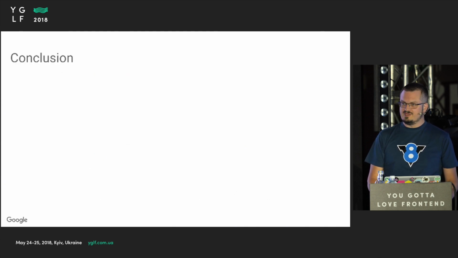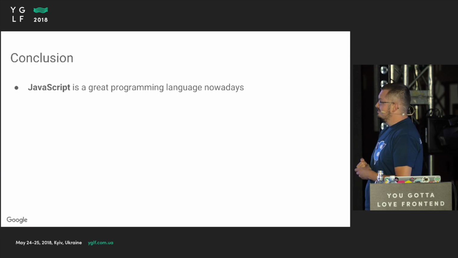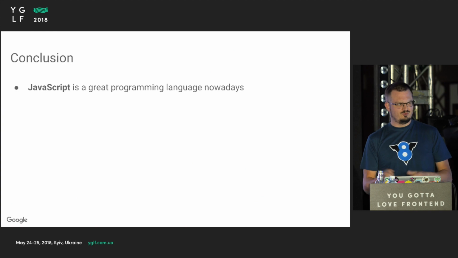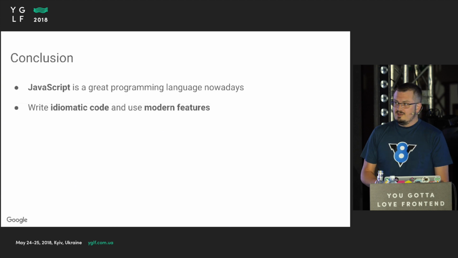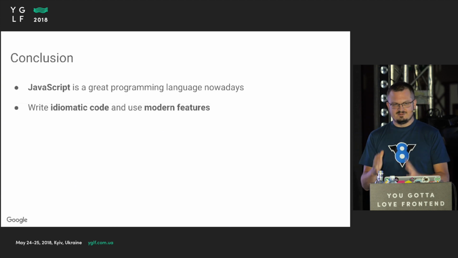So, conclusion from that talk, I hope you're still here mentally, somewhat. JavaScript is a pretty great language nowadays. It has all these cool features that all the cool programming languages had before, when JavaScript developers were like, I cannot use async await. Nowadays it has it, so you can use it, and you should. And make sure to not express implementation details unless there's a real reason for this.